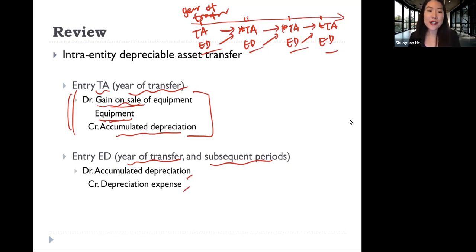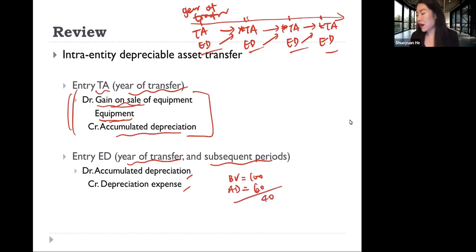This is because once the equipment is transferred, the face value becomes less, and we're depreciating at a less face value. For example, the original book value of the equipment is 100, and the original accumulated depreciation is 60.